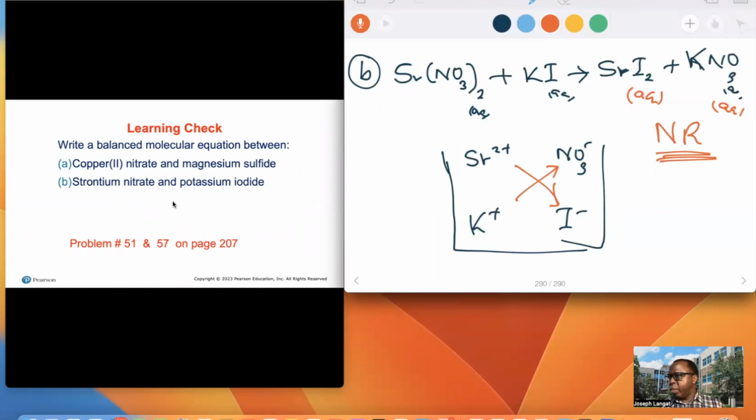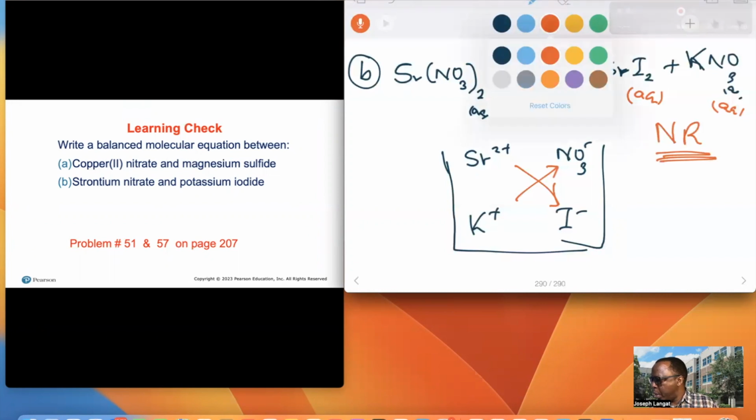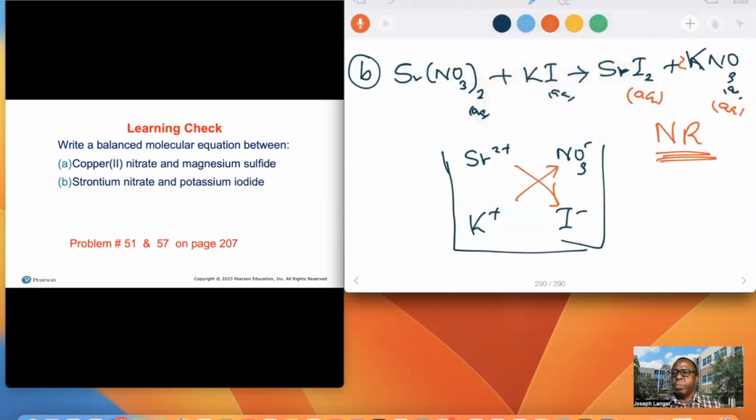Balancing. Let's see, is the equation balanced? Strontium is 1 here, strontium is 1 here. 2 nitrates, 1 nitrate, so we need a 2 there. We just want to balance Sr, 2 nitrates, and then 2 potassium there, even though there is no reaction.